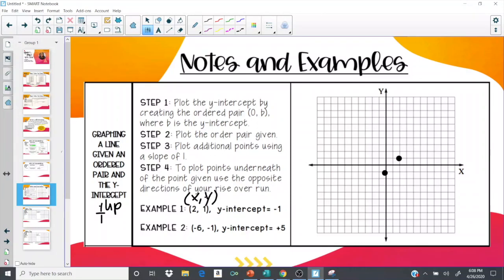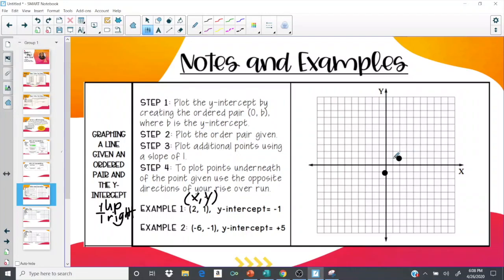And then the other +1 also represents a change in x, which means you are going to go to the right towards the positive numbers on the x-axis. So that direction would be 1 right. Okay? So your directions are 1 up, 1 right.